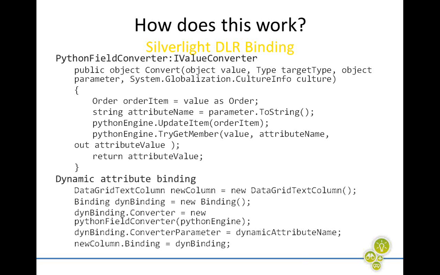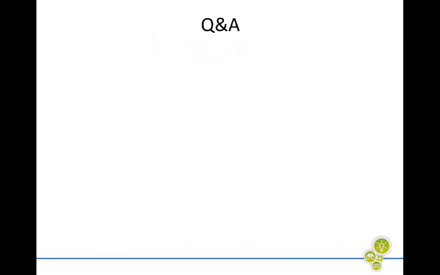To summarize, we looked at what a dynamic language is, what is a DLR, and the features that a DLR provides, which is a dynamic type system, dynamic hosting, dynamic method dispatch, and a hosting API, which allows C# and other static languages to interact with dynamic languages like Python.